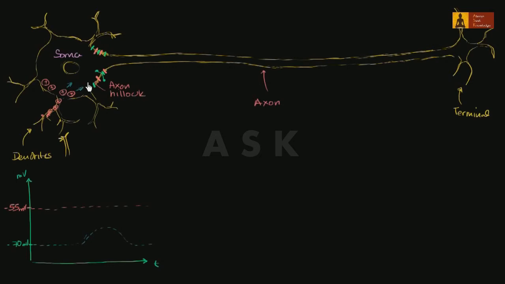So maybe that stimulus by itself didn't trigger it, but let's say there's another stimulus that happens at the same time or around the same time. On its own, that might have caused a similar type of bump right over here. But when you add the two together and they're happening at the same time, their combined bumps are enough to trigger an action potential in the hillock, or a series of action potentials.